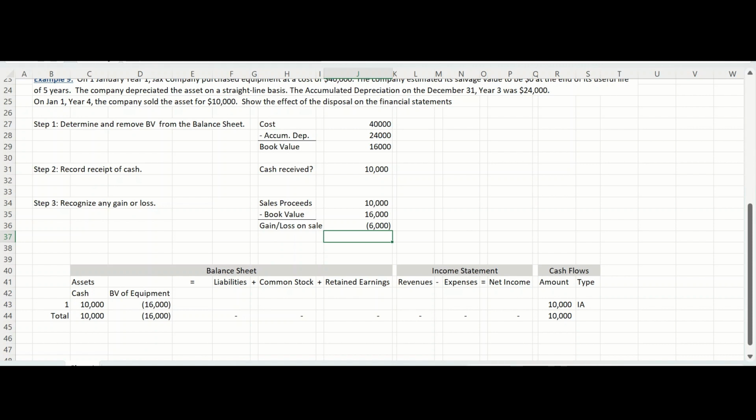Now losses will be treated like expenses, so on the balance sheet we must remove that from retained earnings, or decrease retained earnings by that amount. Then we'll also show a loss in the income statement. So the quote-unquote expenses will increase, which will have a negative impact on net income.